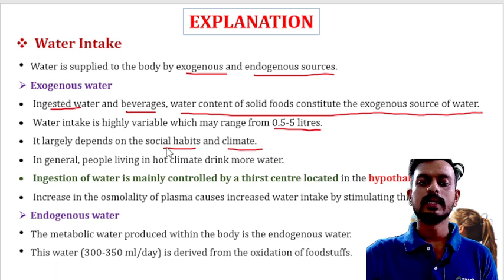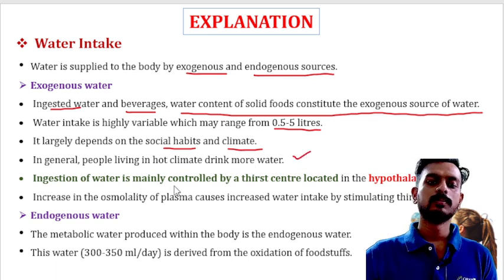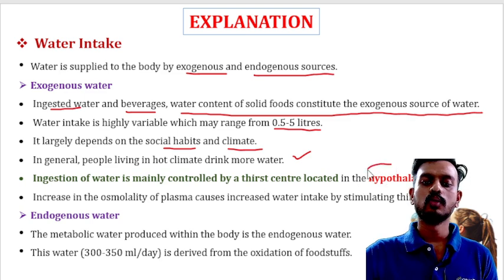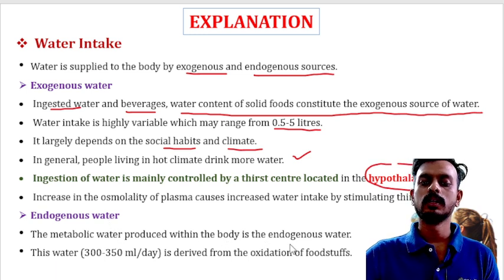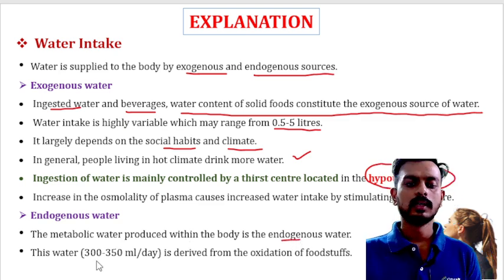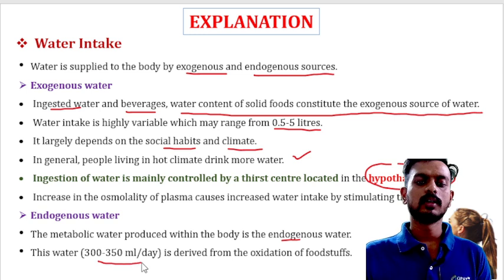In general, people living in hot climates drink more water. However, ingestion of water is mainly controlled by the thirst center present in the hypothalamus. Endogenous water is metabolic water, and around 300 to 350 ml of water is derived from the oxidation of foodstuffs.